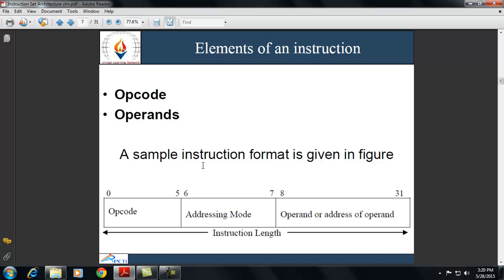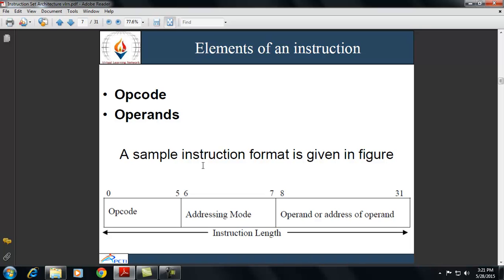Two major elements are opcode and operand. As I already told you, if we give A plus B, then A and B are operands and plus is the opcode, or you can say operator, on the basis of which the instruction will be executed. The opcode field or operation code field specifies the operation to be performed.